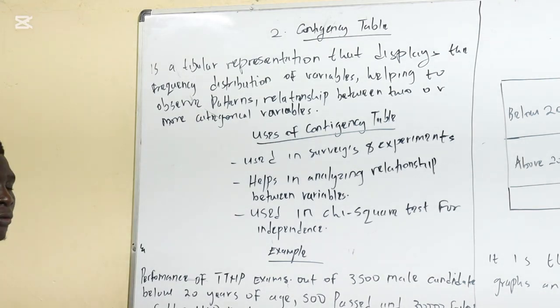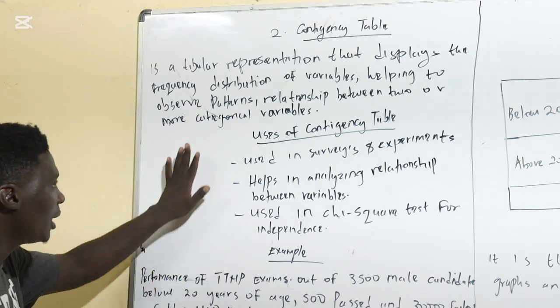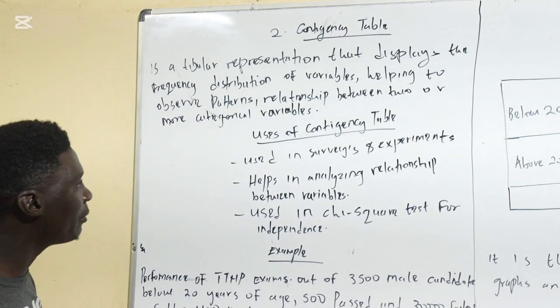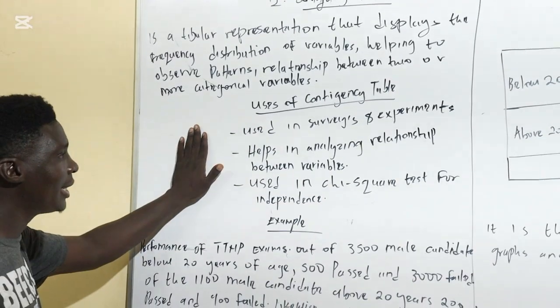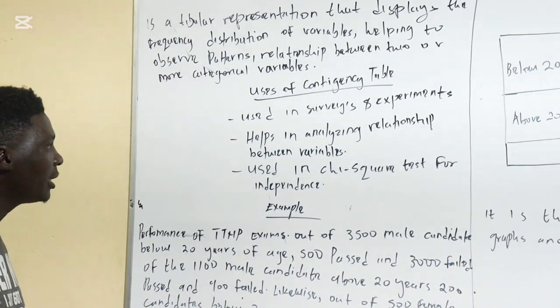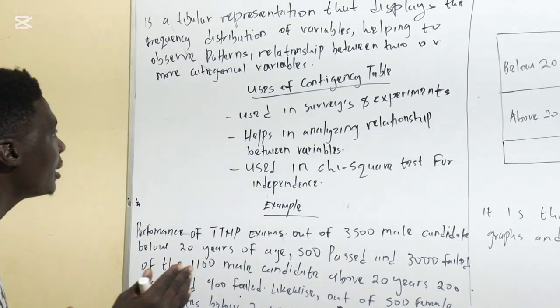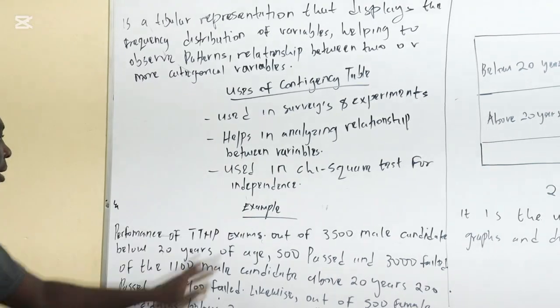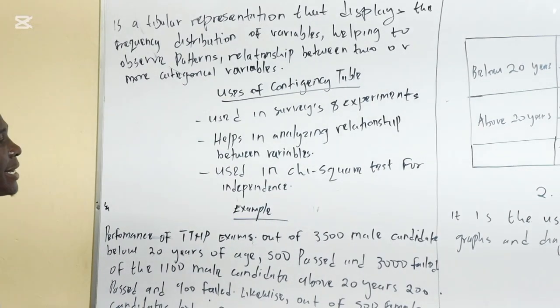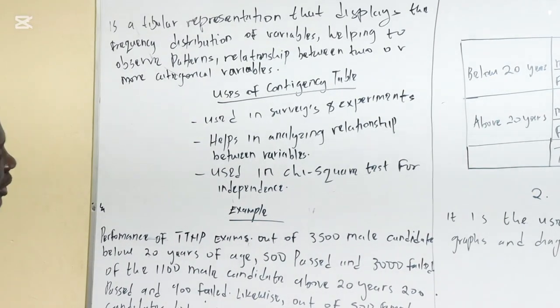Our uses of contingency table. Use number 1, it is used in surveying and experiments. Use number 2, it helps in analyzing the relationship between the variables. It shows the correlation between variable A and variable B. Then number 3, lastly, it is used in chi-square test for independence.